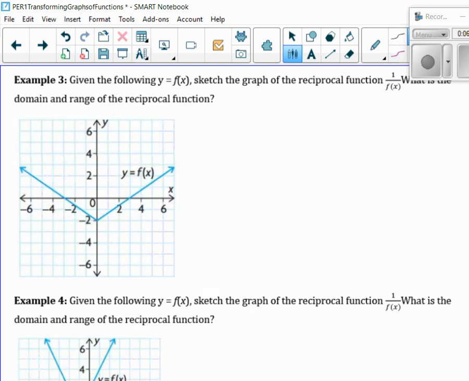Next one, again, use the same technique each time. X-intercepts are vertical asymptotes, so draw them in. Height of 1, height of -1, invariant points. There you go. Does everybody see where my invariant points are?